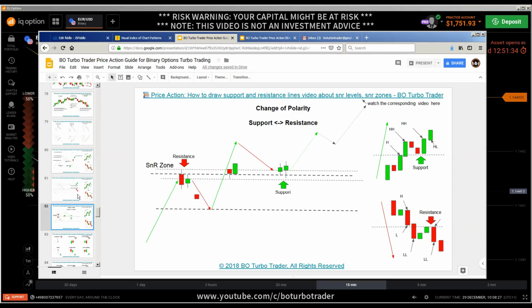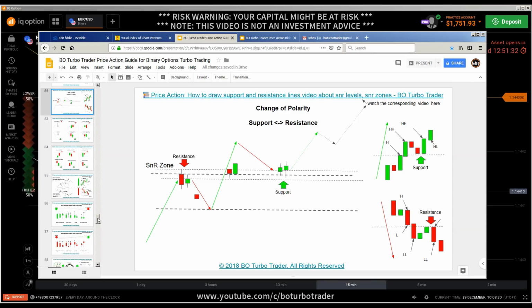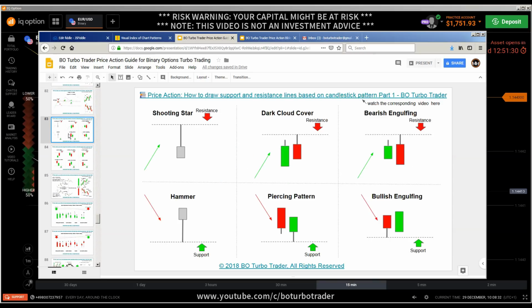And then obviously this one, which I use almost always, the concepts about how to draw support and resistance. I do not draw them, I know this already. On candlestick patterns, every upper shadow, every upper wick, every upper tail, and likewise every lower tail, is acting as resistance or support, depending. These are ideal ones, here for the inverted hammer.